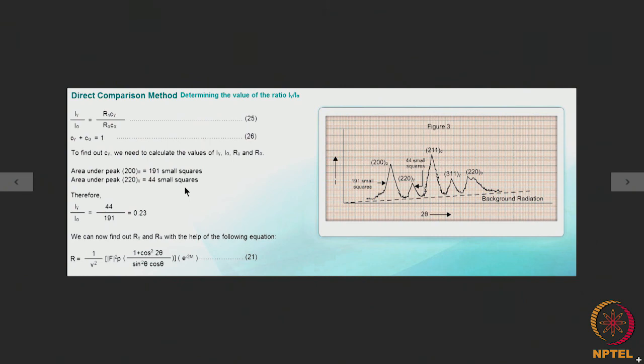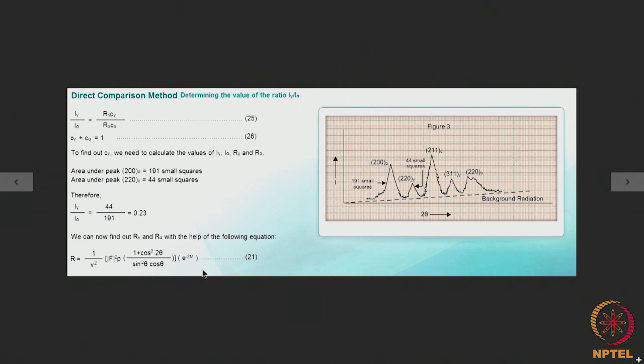Therefore, we can write I gamma by I alpha equal to 44 by 191, which is equal to 0.23. So, this much can be calculated from the plot of I versus 2 theta straight away. Now, we have to find out the values of R gamma and R alpha with the help of the following equation, as we have already seen.